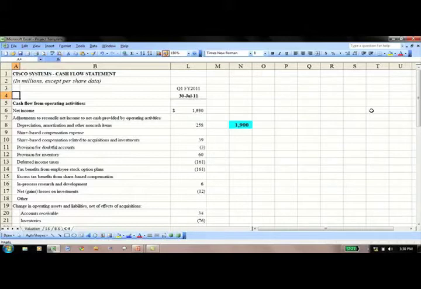So if you think about the income statement, there's the net income that is at the very bottom of the income statement. With a cash flow statement, all you're trying to do is take the net income and then figure out how much of this was a cash expense and how much of this was a non-cash expense that can be added back.